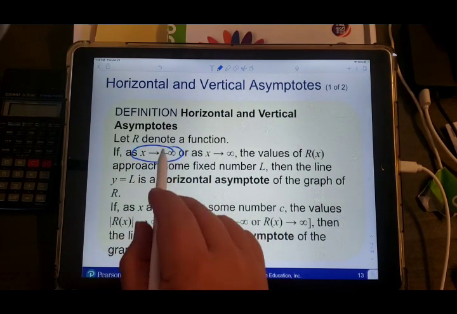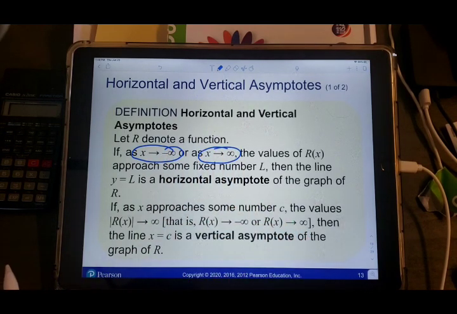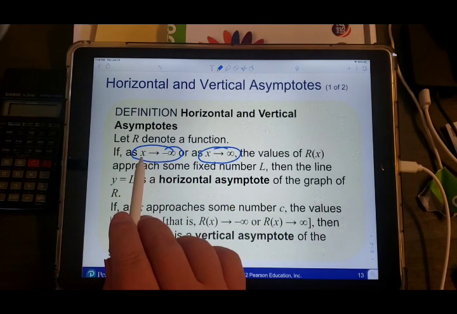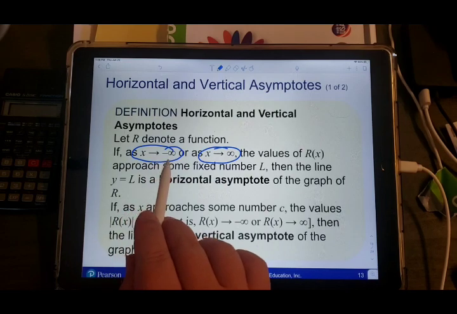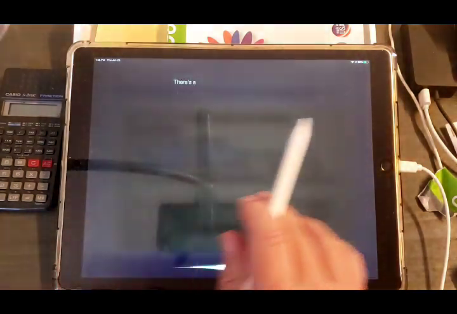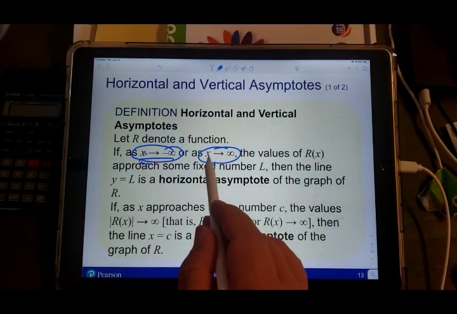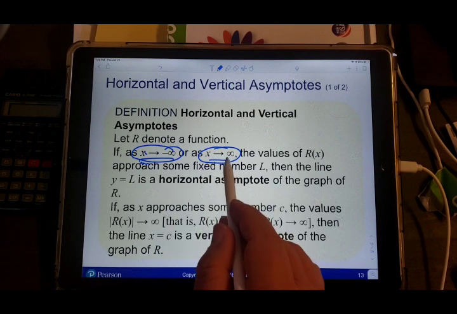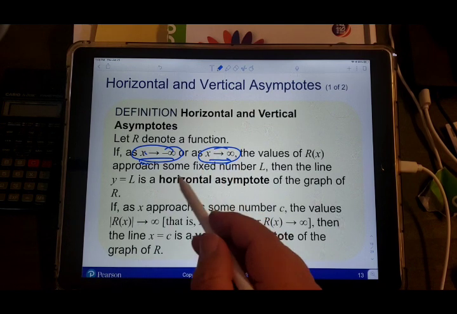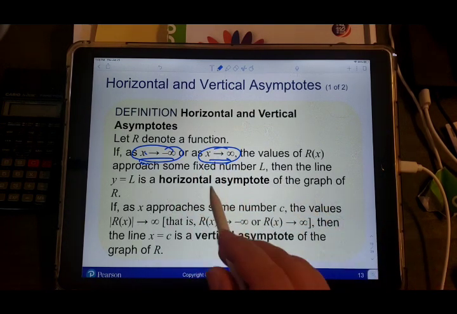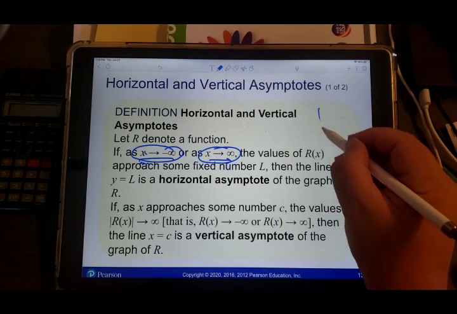This is what I mean by how the function leaves the box. When they say x approaches -infinity, they're saying what happens when the graph leaves the box from the left. And when they have x approaches infinity, they're saying what happens when the graph leaves the box to the right. Now with polynomials, there's only two possibilities.